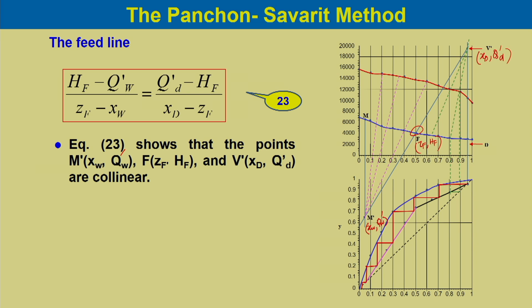So, these 3 points M dash, F and V dash are collinear from this equation, following the argument of the rectifying section and stripping section we have done before.